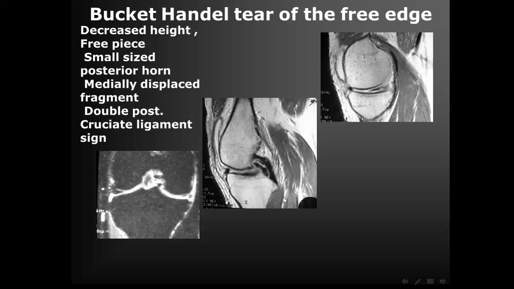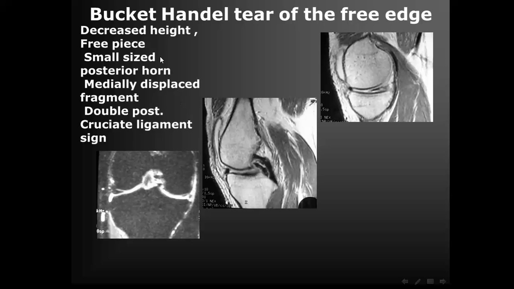The bucket handle of the free edge will result in either decreased height of the meniscus, the height is smaller than expected, or the posterior part is displaced underneath the posterior cruciate, giving the double posterior cruciate sign.